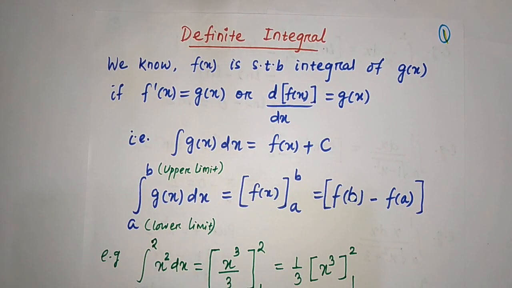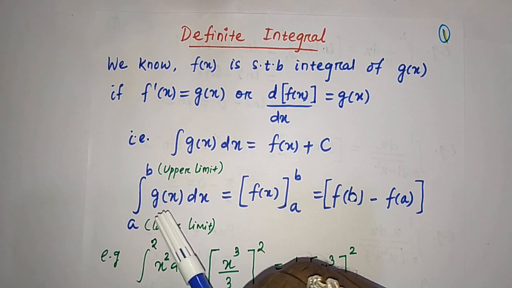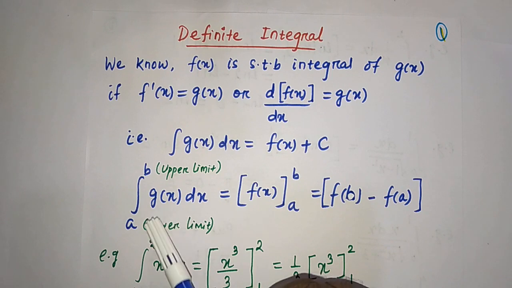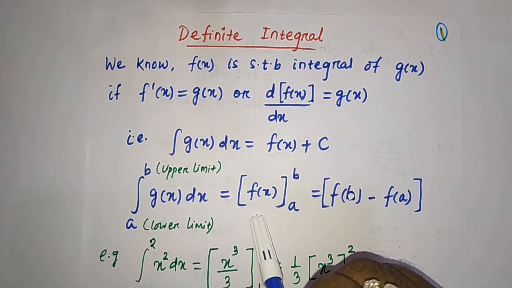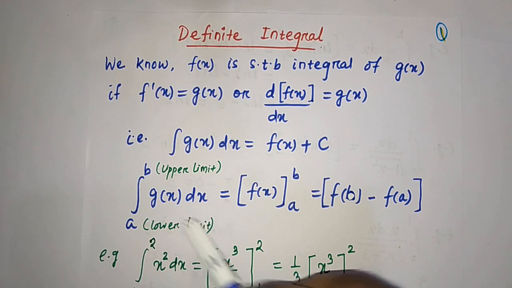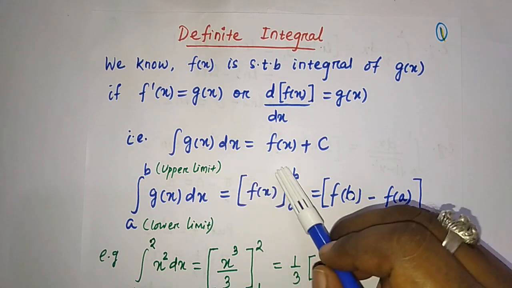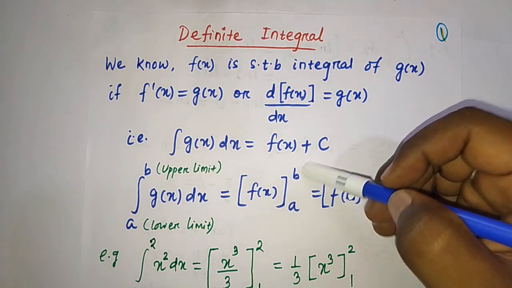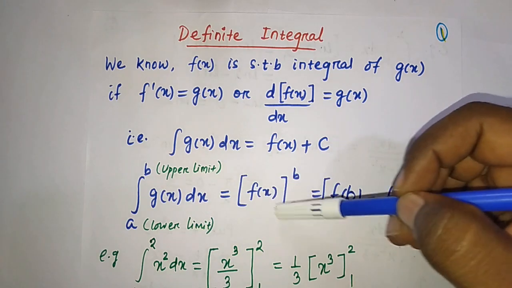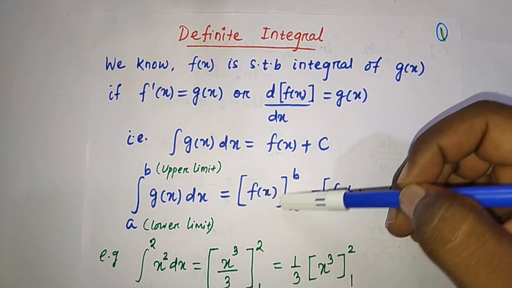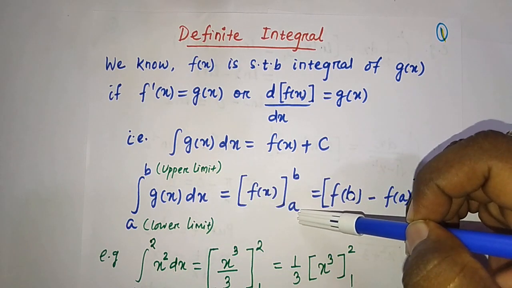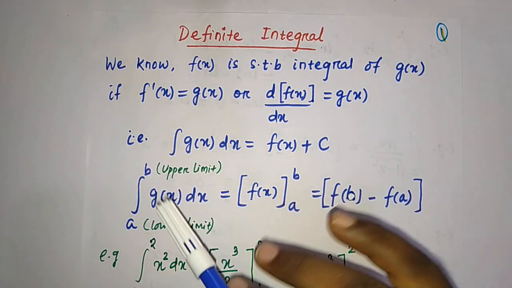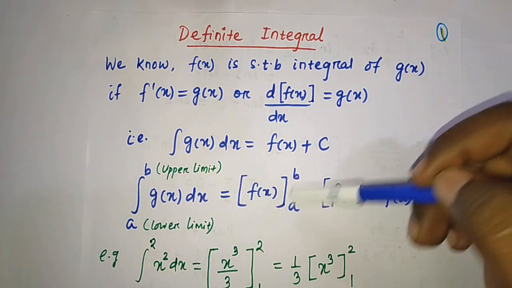Normally we will start integrating. Suppose integration of g x is f of x, then we will write f of x with a square bracket, and in the right side top corner we will write its upper limit, and in the right side lower corner we will write its lower limit. First we do the simple integration, then write these two limits.